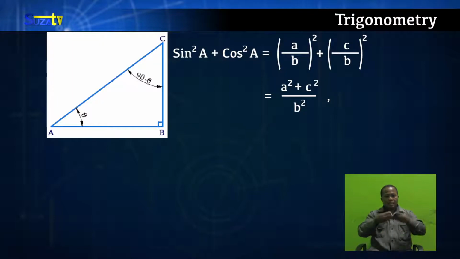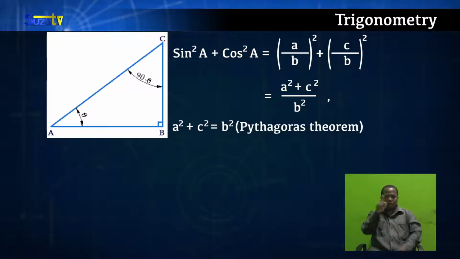But from the given triangle, a squared plus c squared is equal to what? Yes, it is equal to b squared.